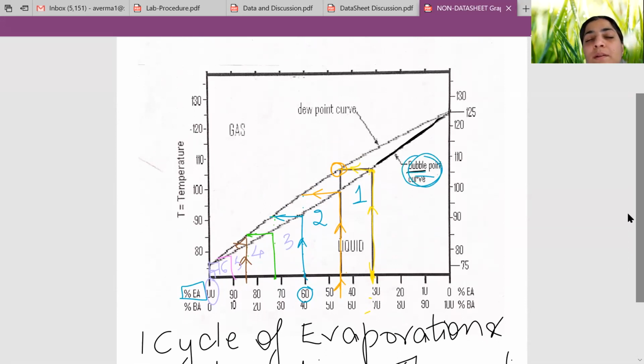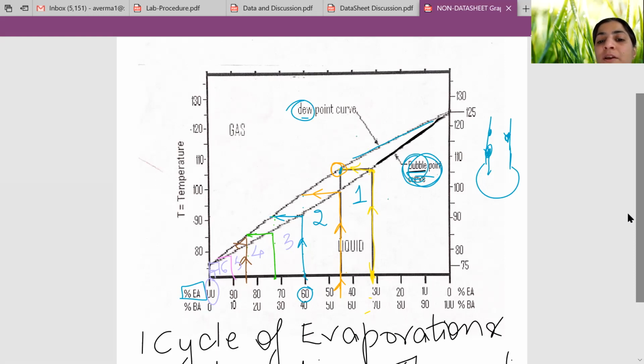So think about this. Whenever you are looking at heating or evaporation, what is the first thing that pops in your head? A bubble. Similarly, when you cool your material, you see dewdrops kind of materials sliding down the apparatus. So the upper curve is the dew point and the lower curve is the bubble point.